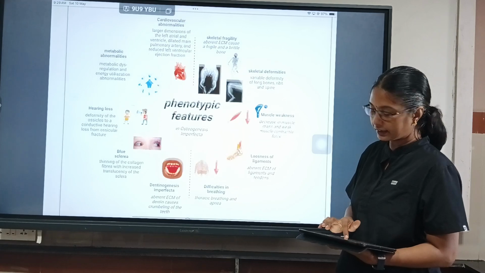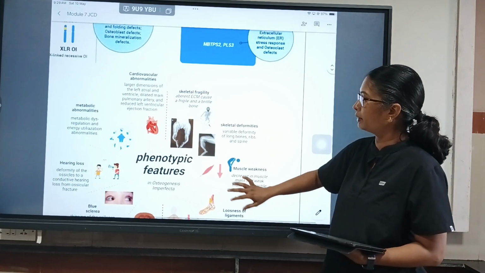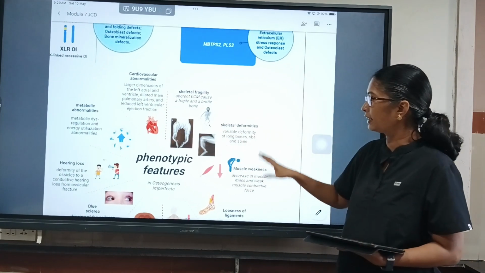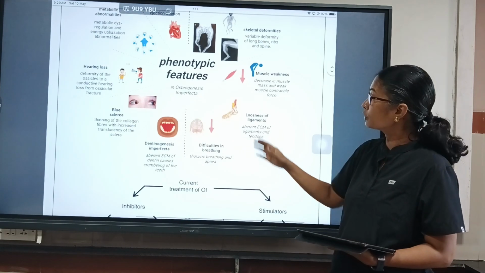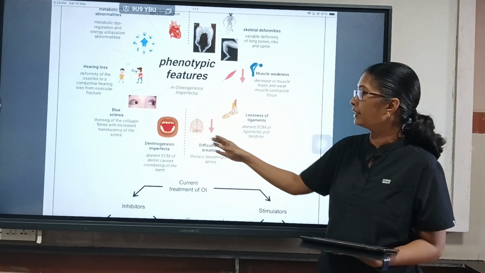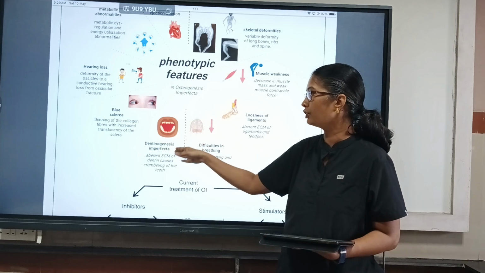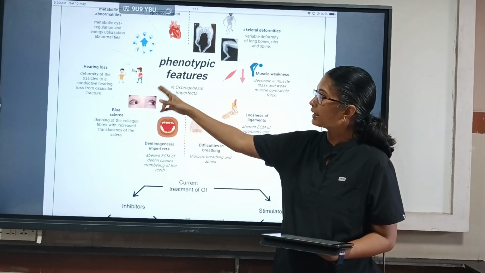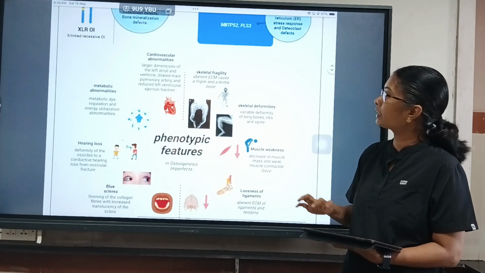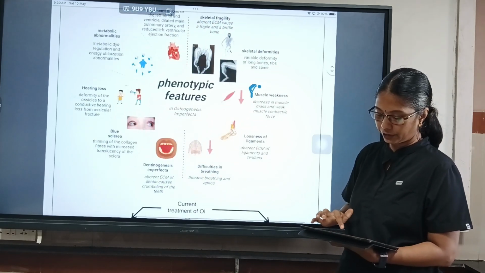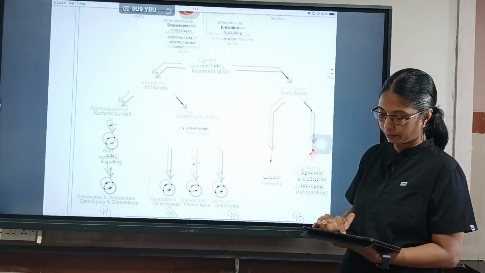We see skeletal fragility, skeletal deformities, muscle weakness, looseness of ligaments and difficulty in breathing. In the oral cavity we have dentinogenesis imperfecta, along with blue sclera, hearing loss, metabolic abnormalities and cardiovascular abnormalities. These are the phenotypic features of osteogenesis imperfecta.